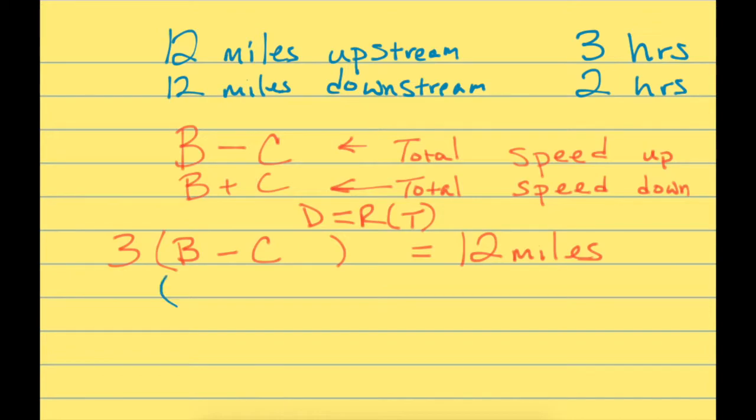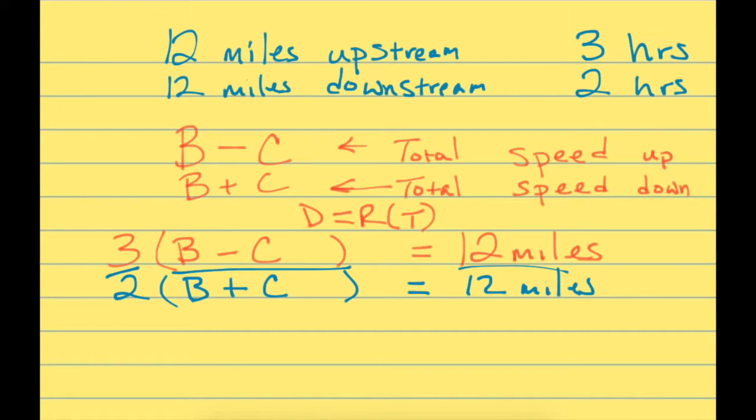Downstream took him 2 hours. We're multiplying that by B plus C. So the time he spent going upstream was 3 hours times his speed gives us 12 miles, his total distance. And then downstream was 2 hours times his speed, which gives us 12 miles.